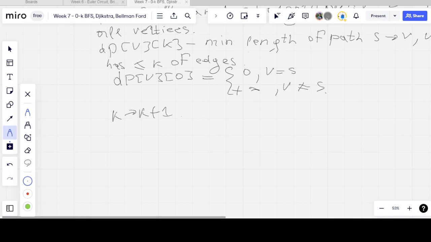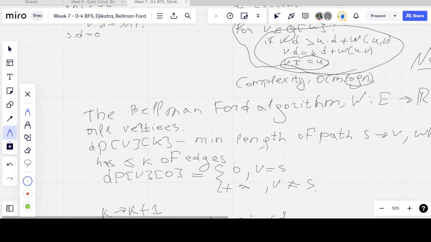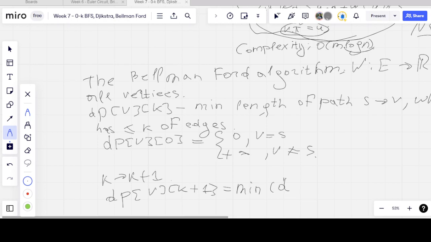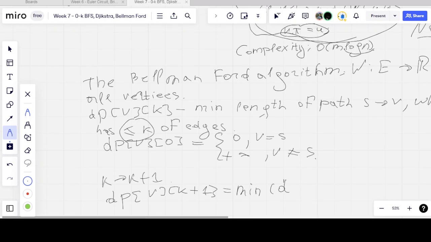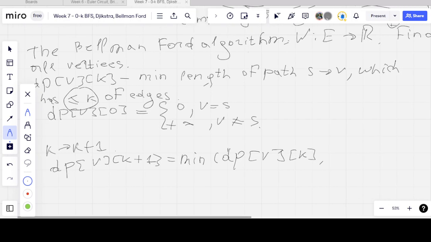And the step. What will be the step? We have dp for k, and we try to calculate k plus 1. We need to push dp[v][k+1], and what?